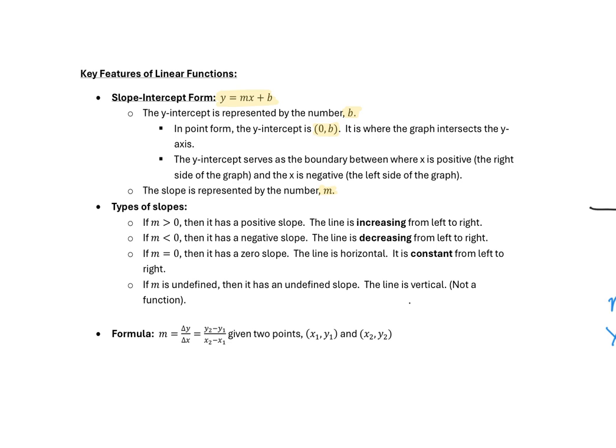We have 4 possibilities for m, and the first 3 are the ones that we really want to focus on. But we have m can be greater than 0. What this means is it has a positive slope. And the word positive, what it equates to is it is increasing from left to right.